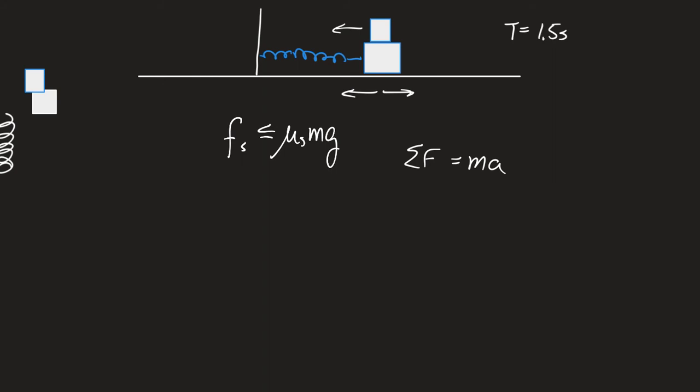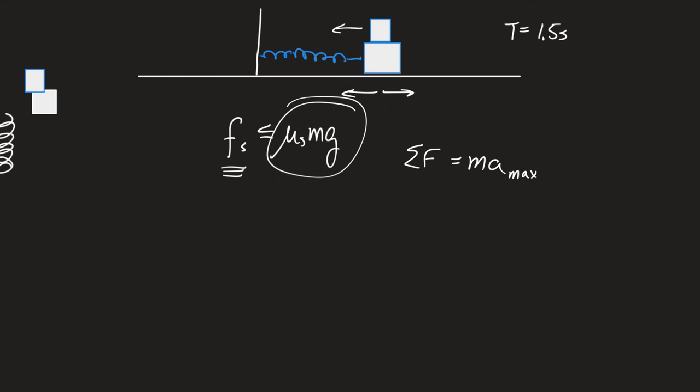So at A max, my friction can't exceed this. If A max exceeds that, then there's not enough friction to cause the box to stay in contact with the bottom box.